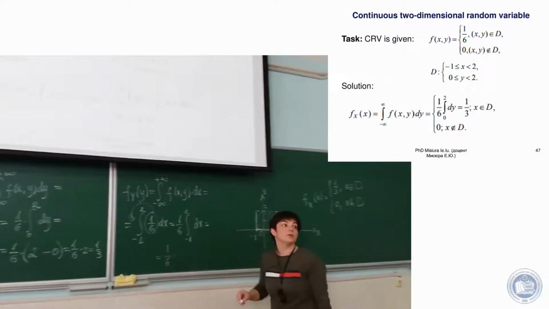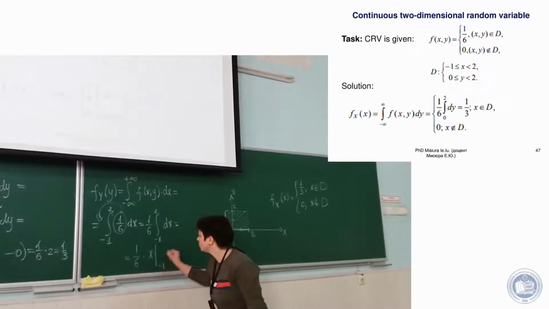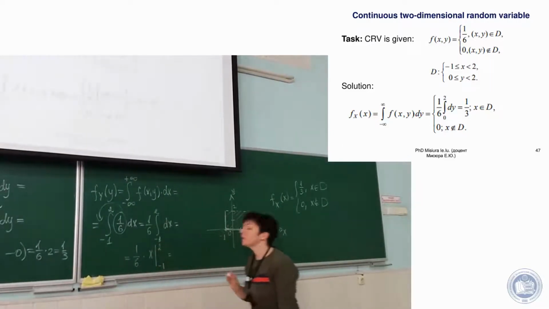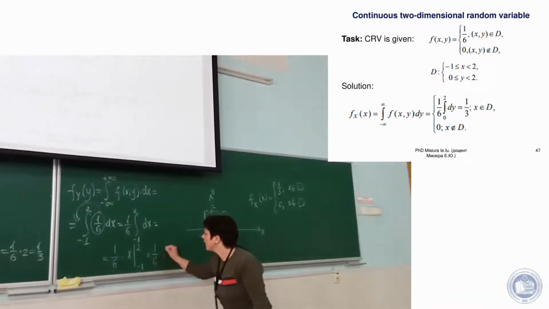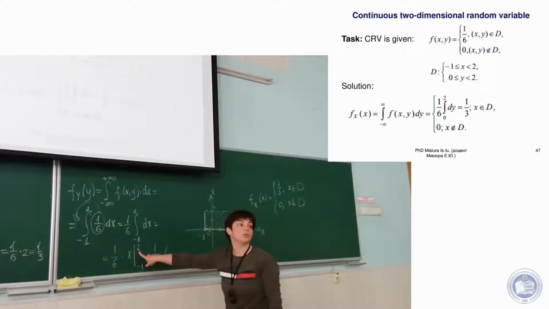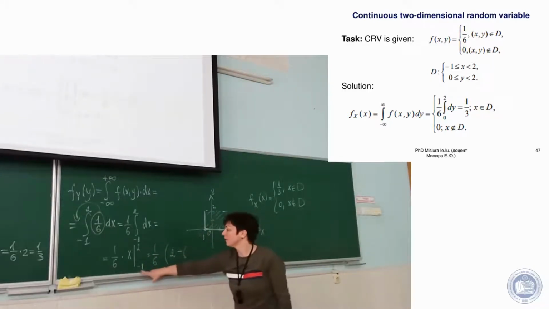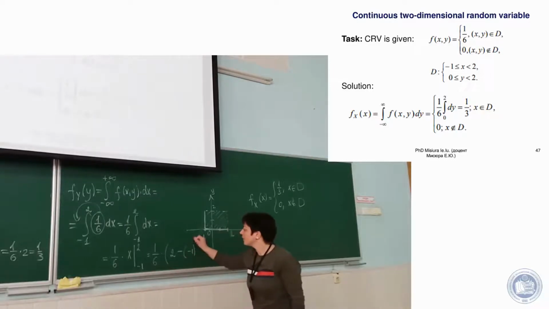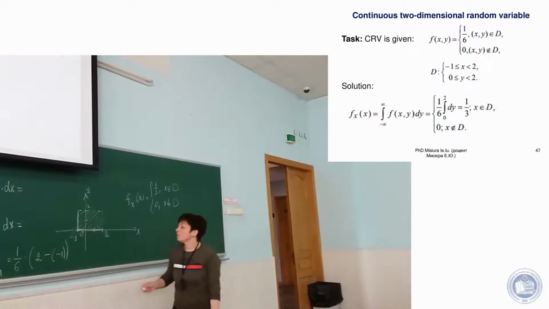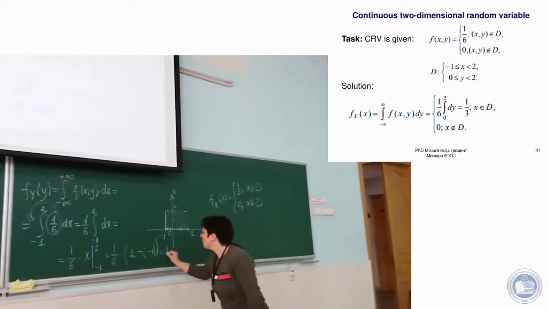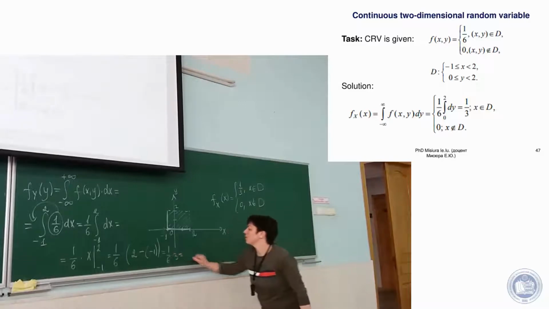This integral will be x, okay, with double substitution from negative 1 to 2. Agree? Okay. 1 over 6 times, let's substitute upper limit. It will be 2, yes, minus 1. Okay. If you have minus 1, what is it? Plus 2. Okay, it will be plus 3. 1 over 6 times 3, what is it?